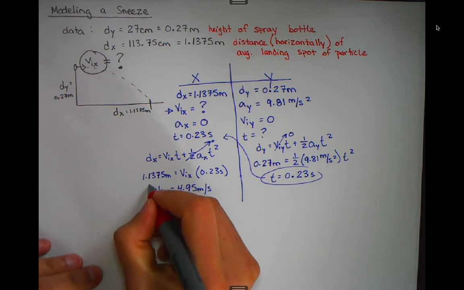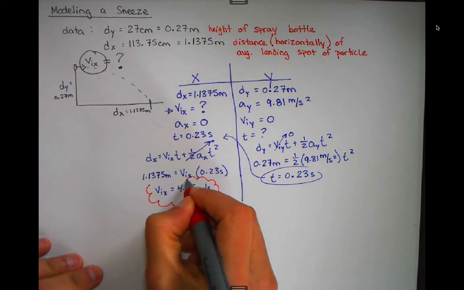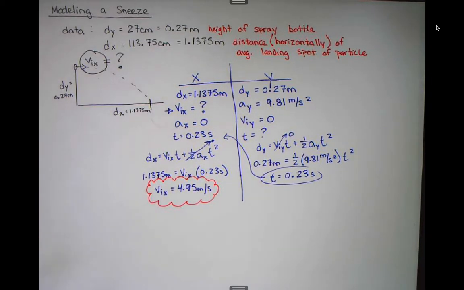So this is the initial velocity of a sneeze particle. We're modeling that, right? But that's the velocity of a sneeze particle. So when you sneeze, the particles that come out of your mouth are traveling roughly 4.95 meters per second. So they move 4.9, almost 5 meters every second.